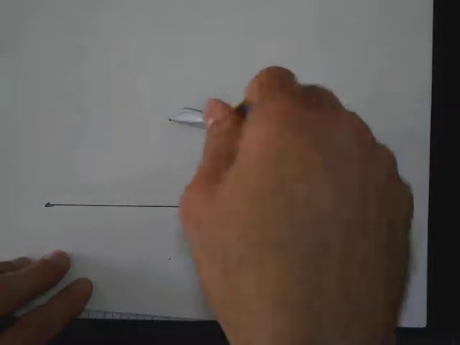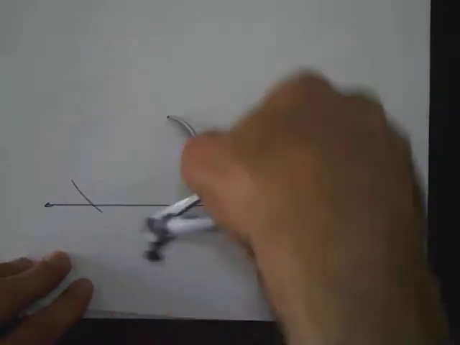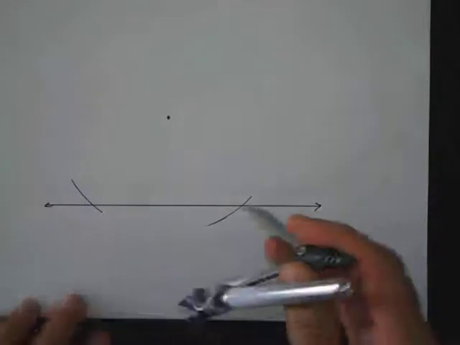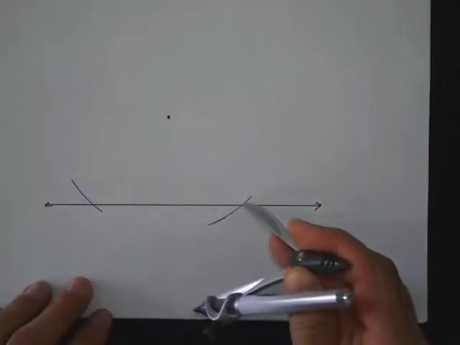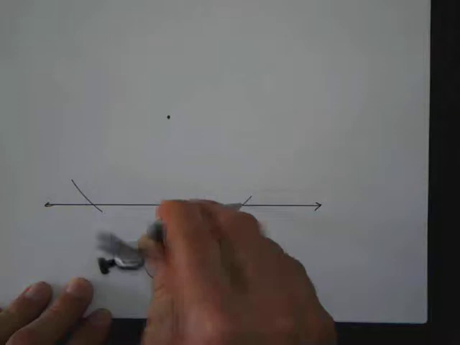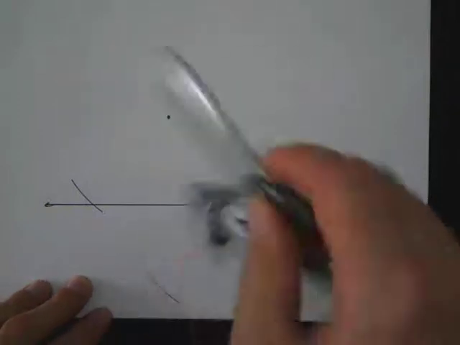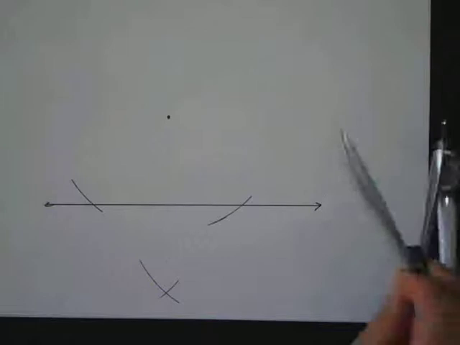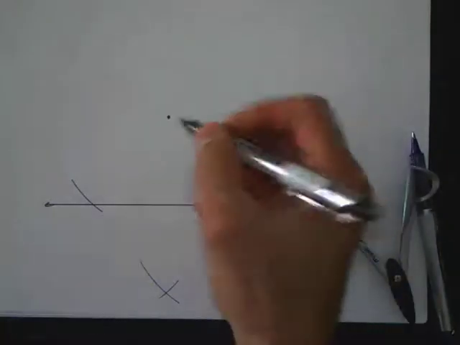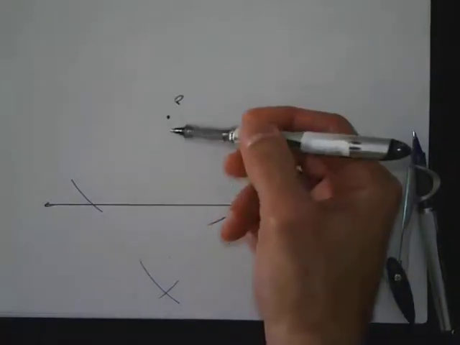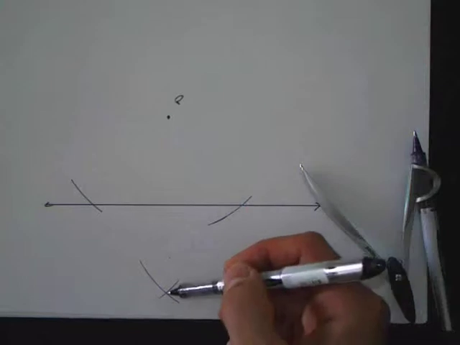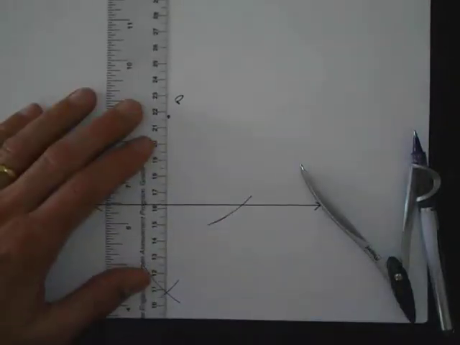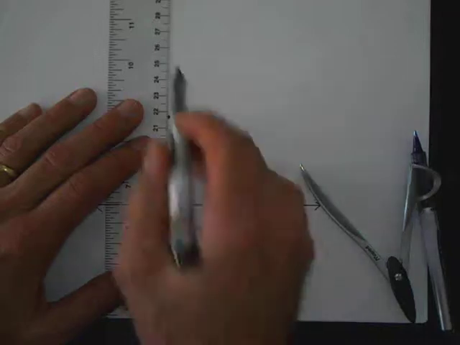Put your point on P, and you can swing part of an arc. Now the last piece, you can just make another crossing that's below the line. And that's all you really need, because you know this point P has to be on that perpendicular. It is equidistant from the same two points that that is. So these are the two points that you need. You only need two to define the line.